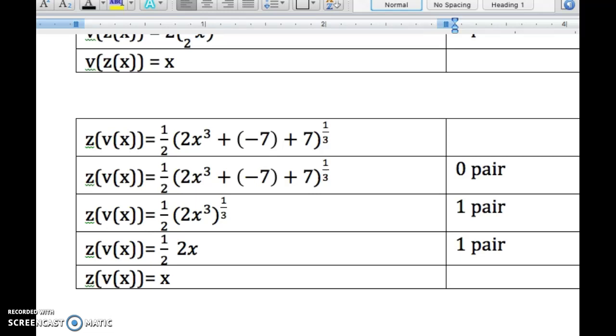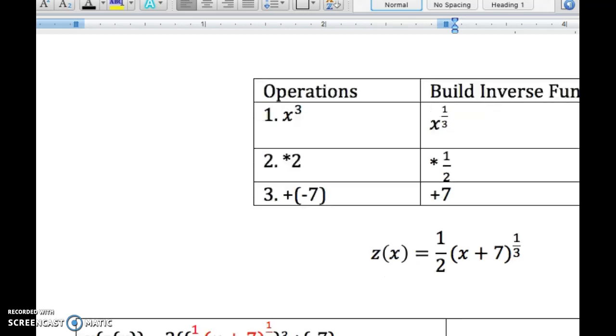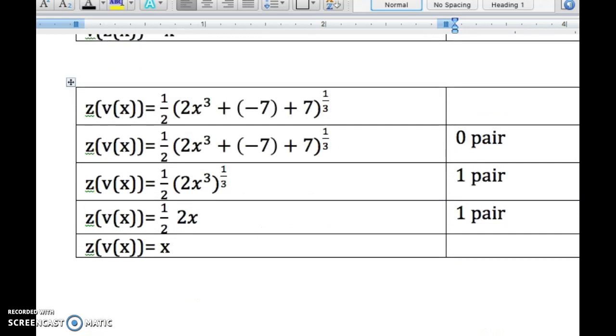And I get this expression where my original z of x is this, and I'm going to plug in my v of x for that x, so that I get 1/2 times the quantity 2x cubed plus a negative 7 plus 7 raised to the power of 1/3.